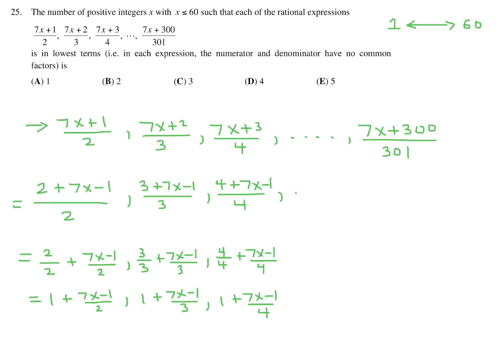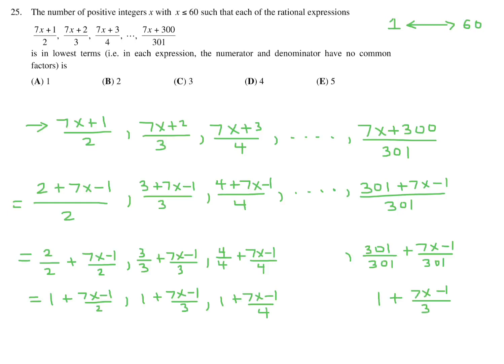So you get the idea. And we'll do it for the last one. And for the last one, I believe it will be (301 plus 7x minus 1)/301. And that gives me 301/301 plus (7x minus 1)/301. And this is 1 plus (7x minus 1)/301.